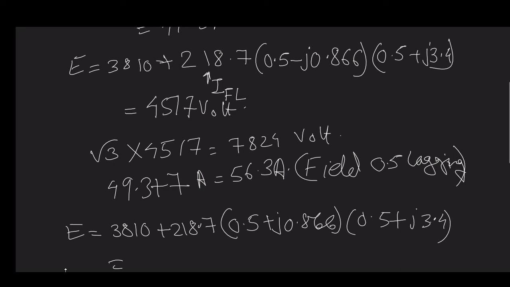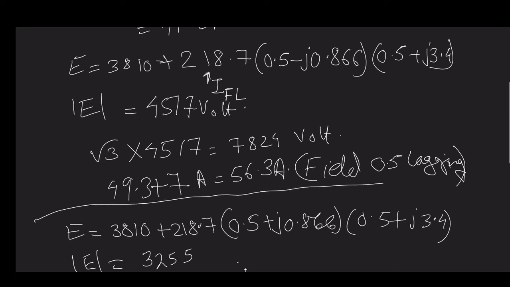It will result in E equal to, magnitude wise, 3255. Previously it was 4517. So this is for 0.5 leading.